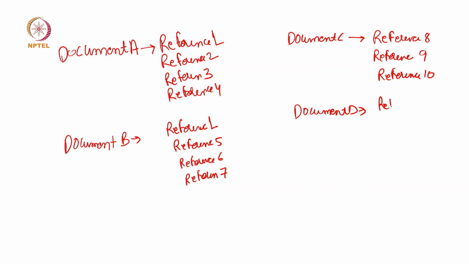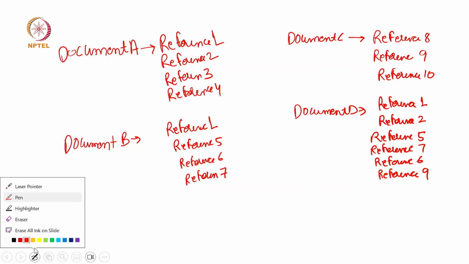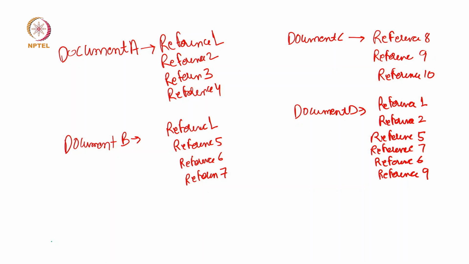Document D has reference 1, reference 2, reference 5, reference 7, reference 6, reference 9. So these are 10 references of different papers.